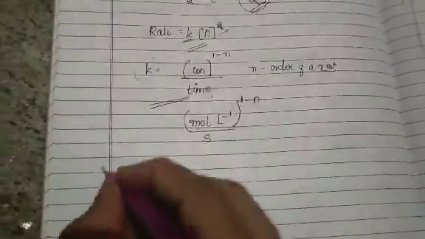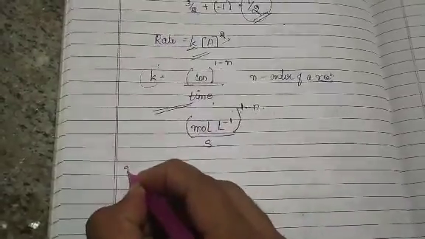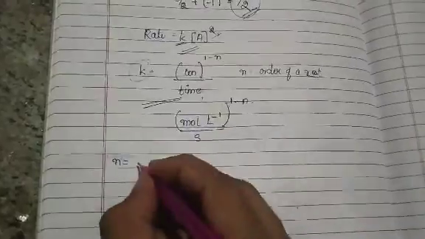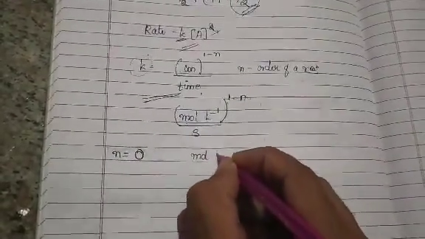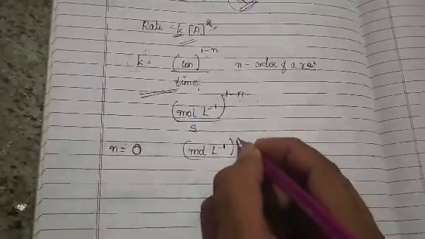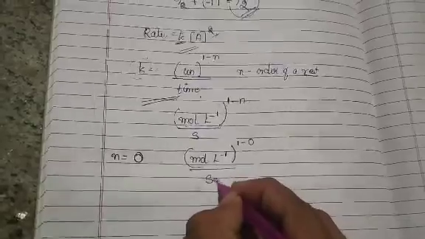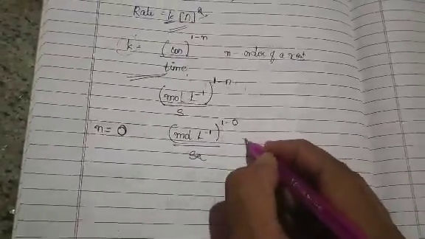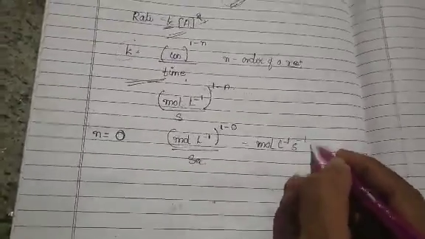Now what will be the unit of the rate constant when n is equal to 0? Mole per liter to the power of 1 minus 0, divided by second. 1 minus 0 is 1 itself, so you get the same, mole per liter per second.